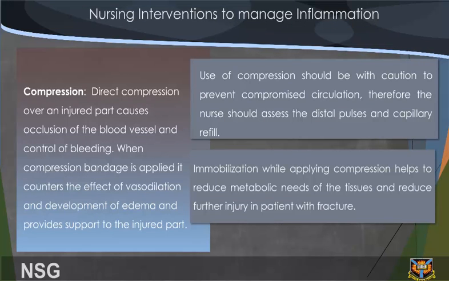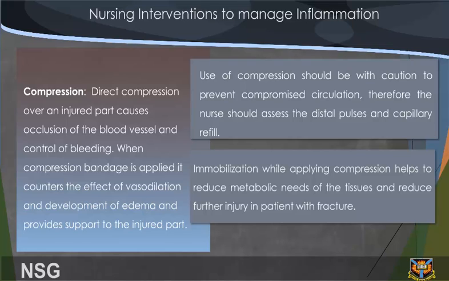Compression. Direct compression over an injured part causes occlusion of the blood vessels and control of bleeding. When a compression bandage is applied, it counters the effect of vasodilation and development of edema and provides support to the injured part.